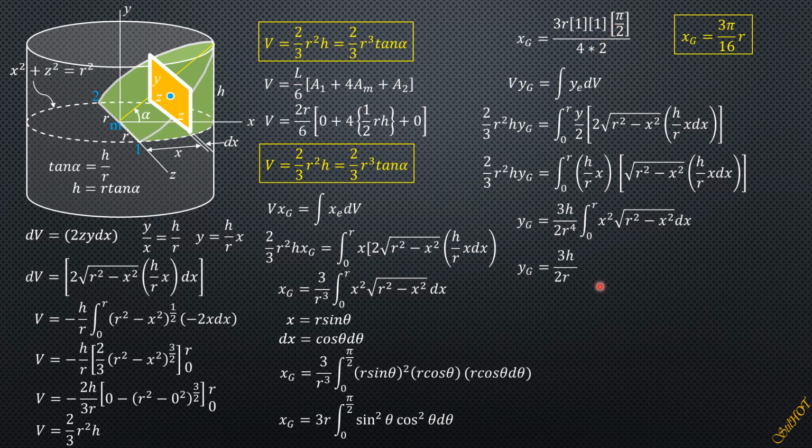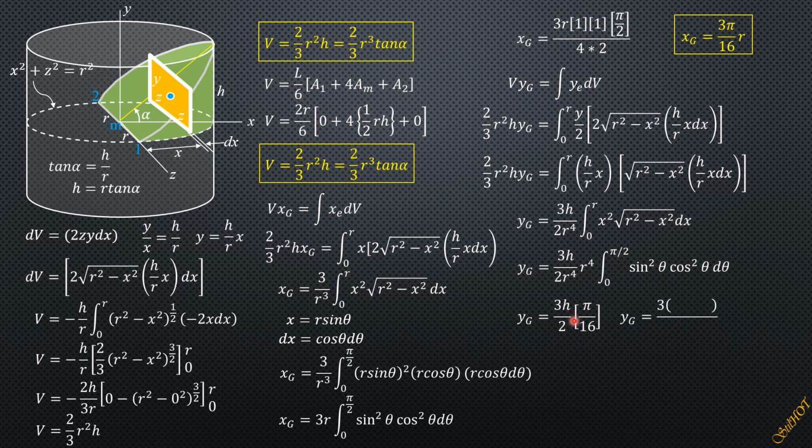So yg equals 3h over 2 r to the fourth, then r to the fourth from here, integral of sine squared theta cosine squared theta d theta. So we can cancel r to the fourth, and again, by our experience, this is pi over 16. So yg equals 3h over 2, quantity pi over 16. Therefore, yg is 3 pi over 32 h.